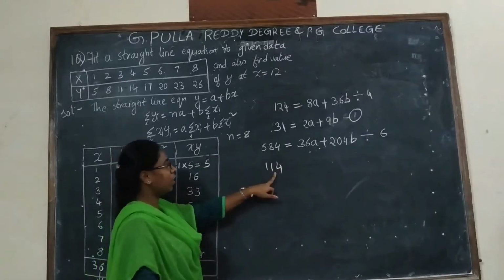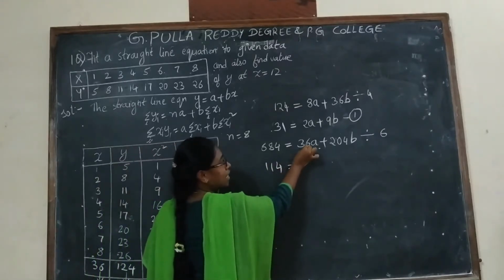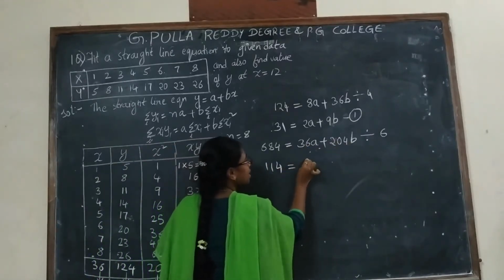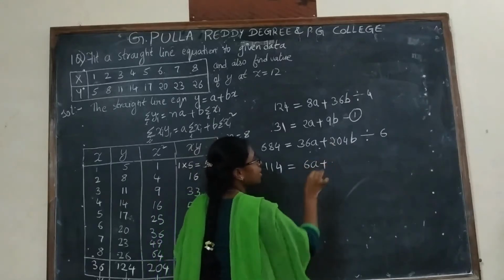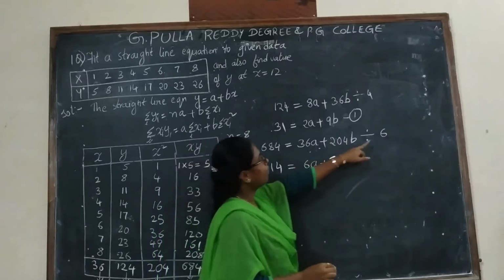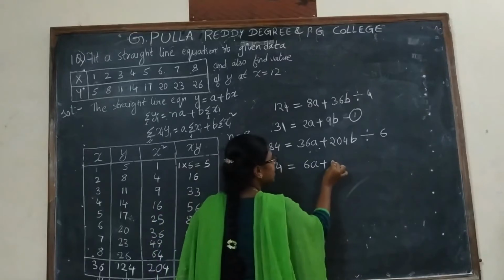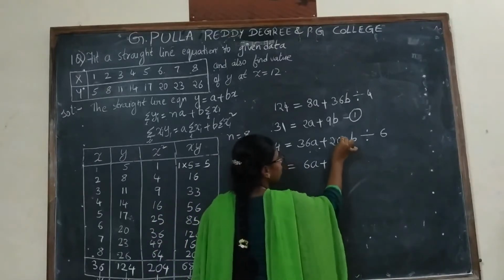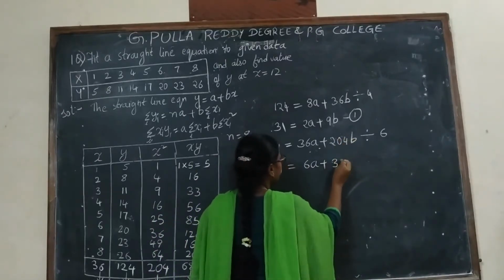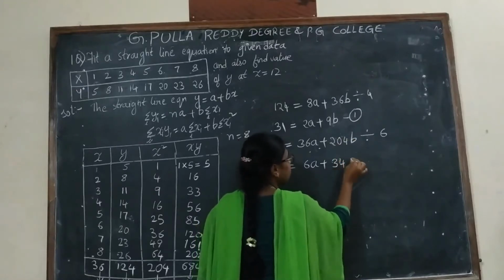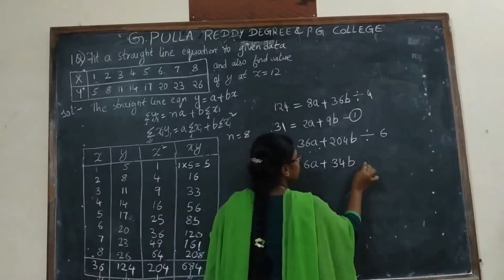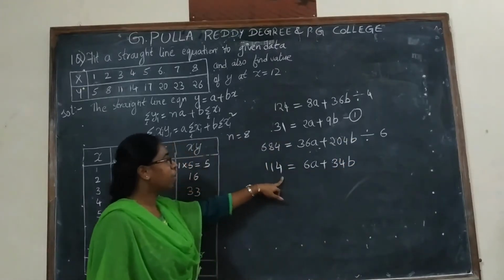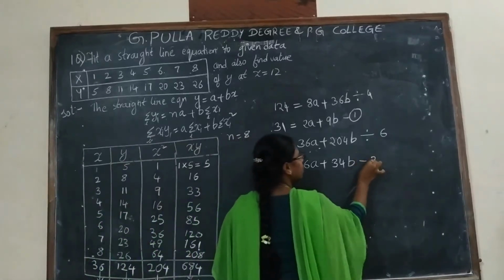So you get 114 equals 36 divided by 6 is 6a plus 204 divided by 6. First 6 3s are 18, 2 is carrying. Then 6 4s are 24. So this is the equation we got. This is the second equation.